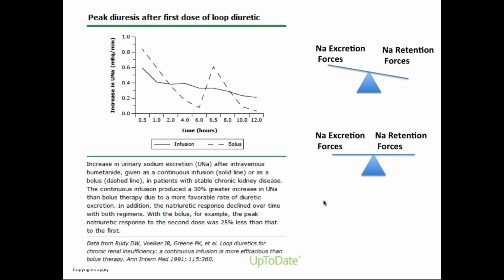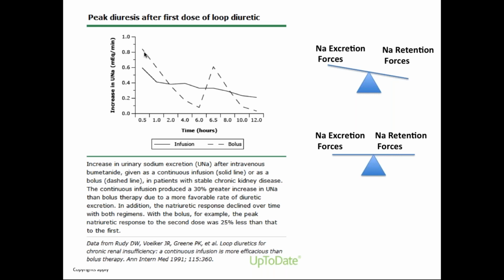So this study was in patients with stable chronic kidney disease, and when you are in that kind of situation, what will happen is that over time you're going to reach a steady state. So let me use furosemide, and in this situation the second dose is going to have a lower and lower effect. And it's not just about the second dose, it's about the second day, about the third day, about the fourth day. By the fourth or fifth day, you're probably going to be in steady state.